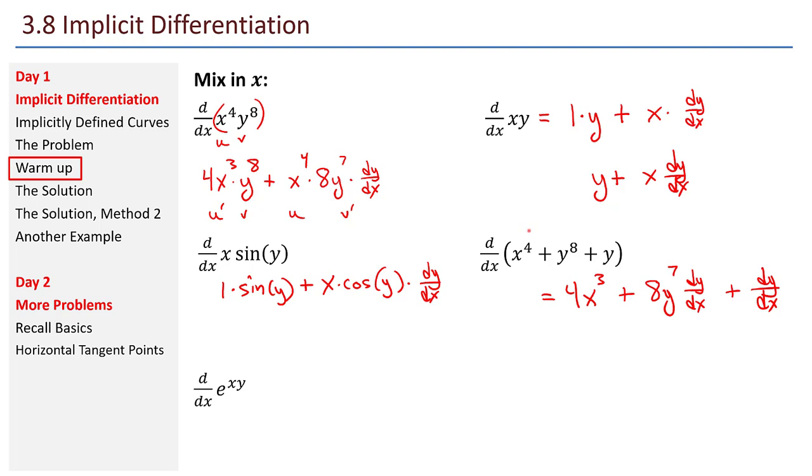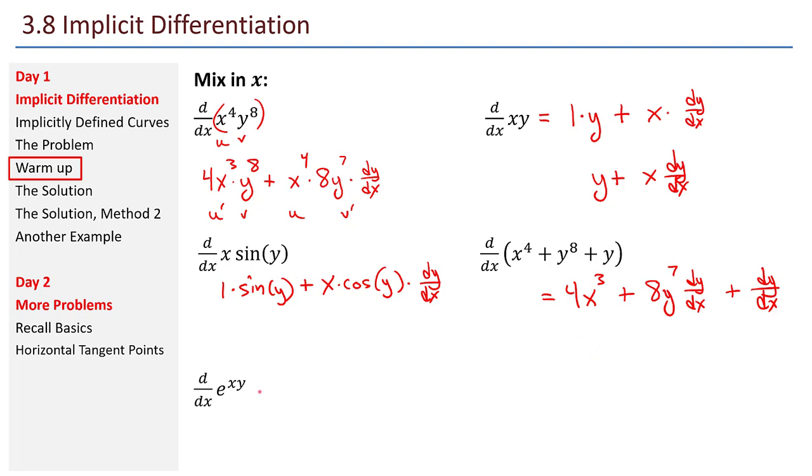Sometimes people wonder with the x, why don't I put an extra dy/dx on the end of that or something like that? I suppose really this is 4x cubed dx/dx, but dx over dx is just 1, so we don't bother writing that, and we end up just with 4x cubed.